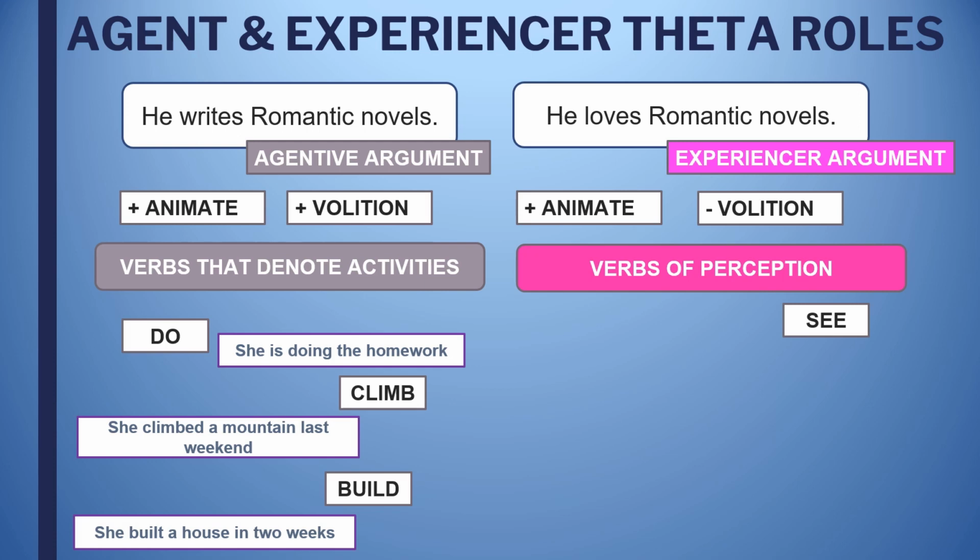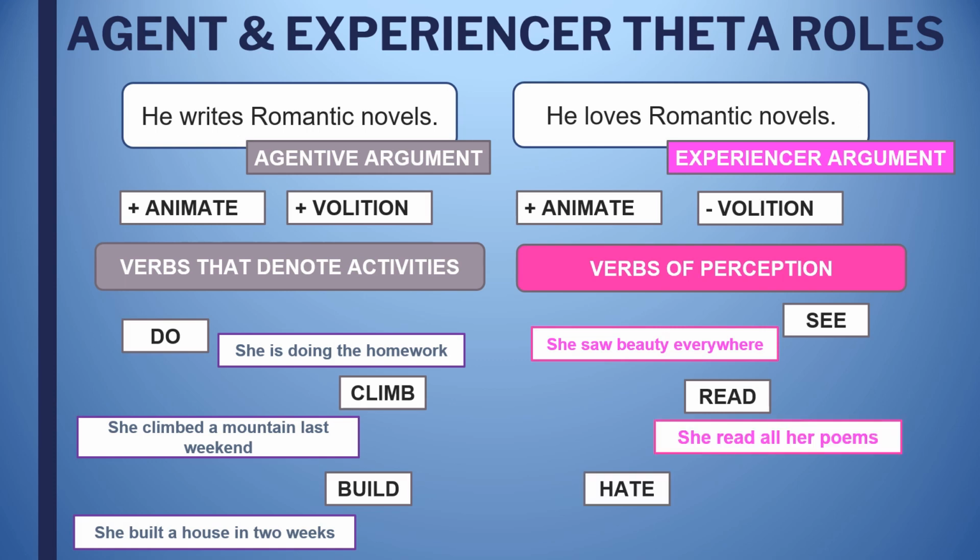But verbs of emotional, psychological or physical perception such as see, as in she saw beauty everywhere, read as in she read all her poems, and hate as in she hates spinach, do not assign the theta role of agent to their external argument, but the theta role of experiencer.